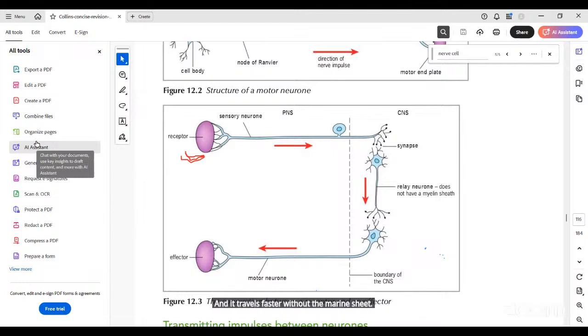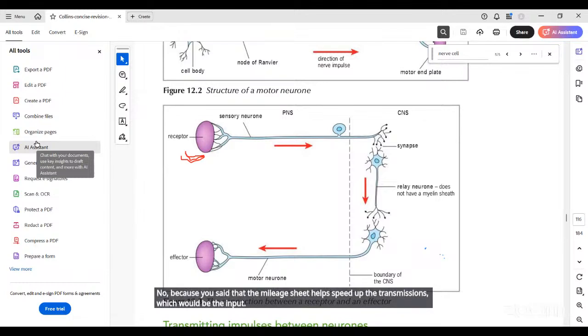Well, does it? Yes, it does. Cool? No, sir, explain why. Does it? I'm asking you. No, because you said that the myelin sheath has to speed up the transmission, which would be the impulse.